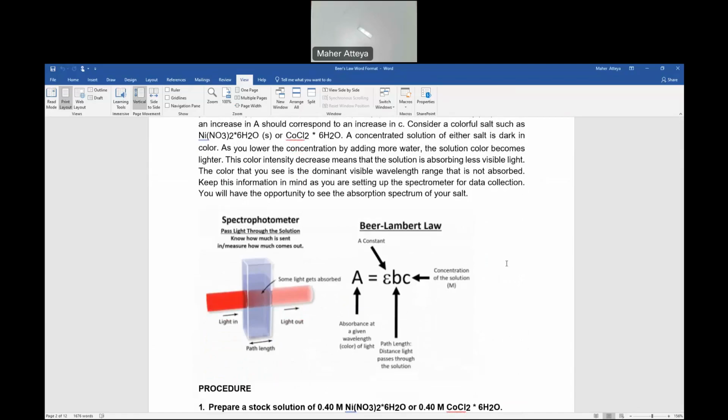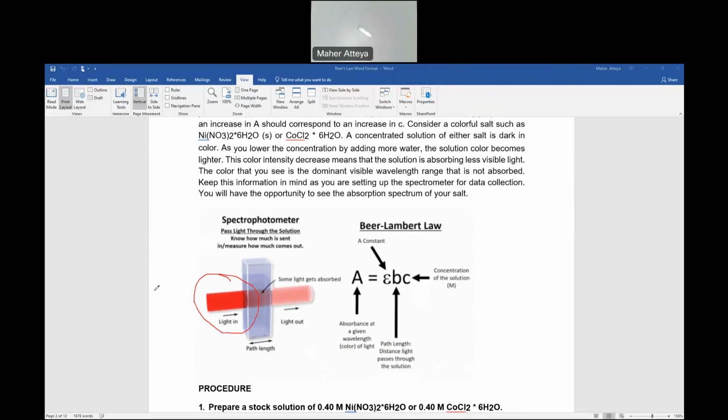Beer's law says that the concentration of a solution is directly proportional to its absorbance. What do we mean by absorbance? Taking the light in. You can see from the picture, the light going in, so intense.